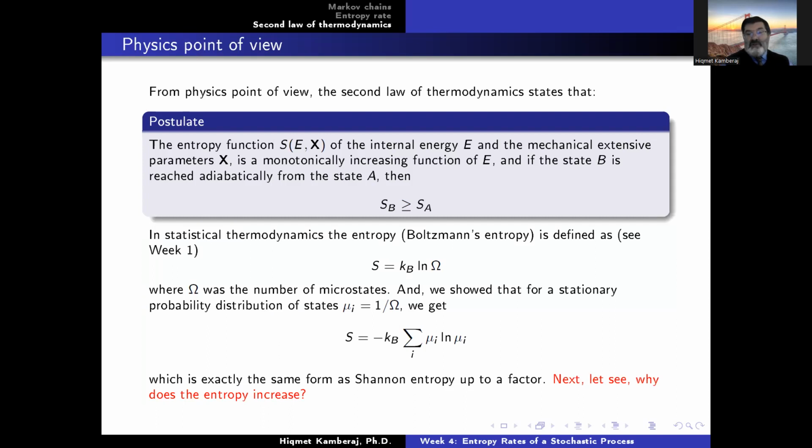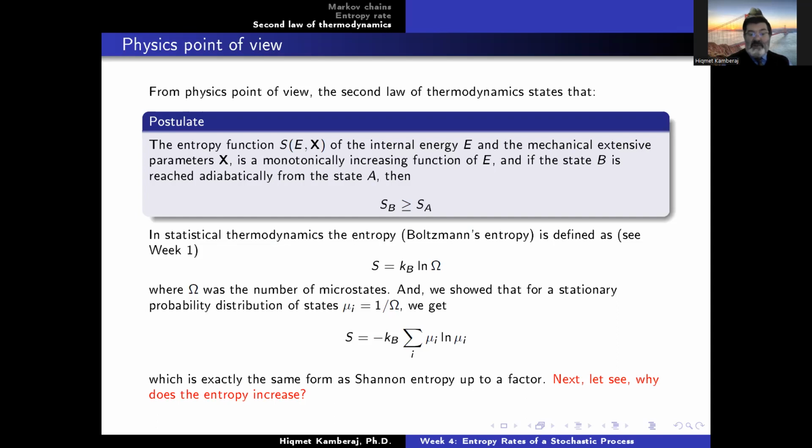As a postulate, the entropy function S of the internal energy E and the mechanical extensive parameters X vector is a monotonically increasing function of E, and if the state B is reached adiabatically from the state A, then S of B is greater or equal to S of A, right?